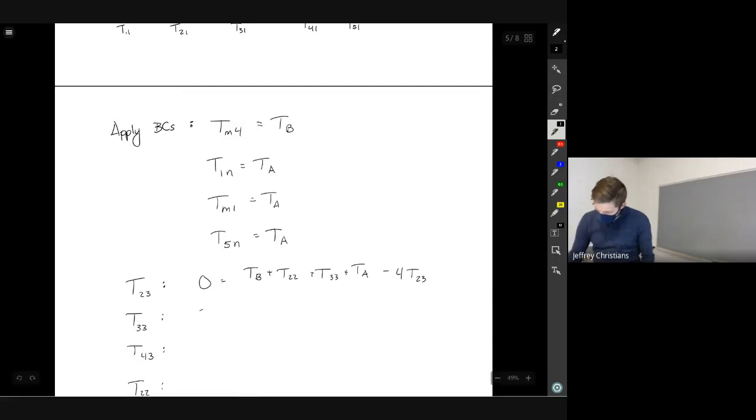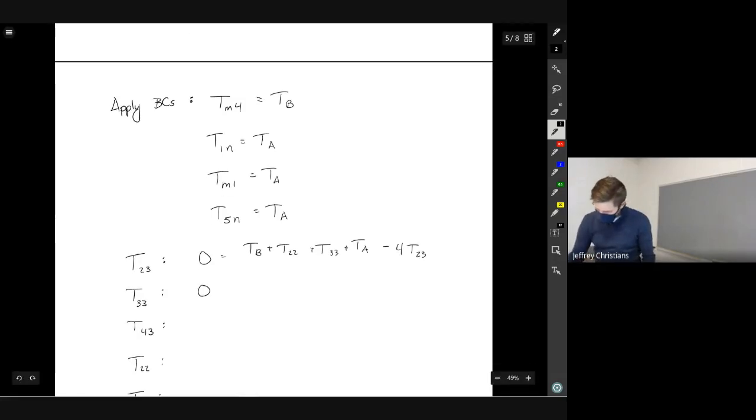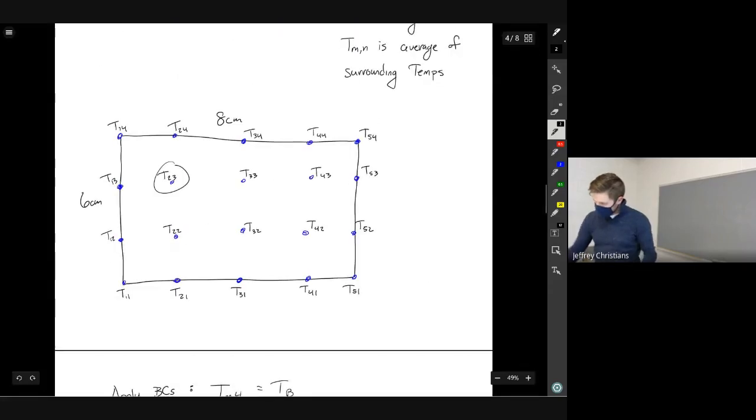We could write a similar equation for 33: 0 equals TB plus T23 plus T32 plus T43 minus 4 T33. Those are, again, the 4 around it. Looking at this next one, we have 3,4 at the top, 4,3 at the right, 3,2 at the bottom, and 2,3 at the left.